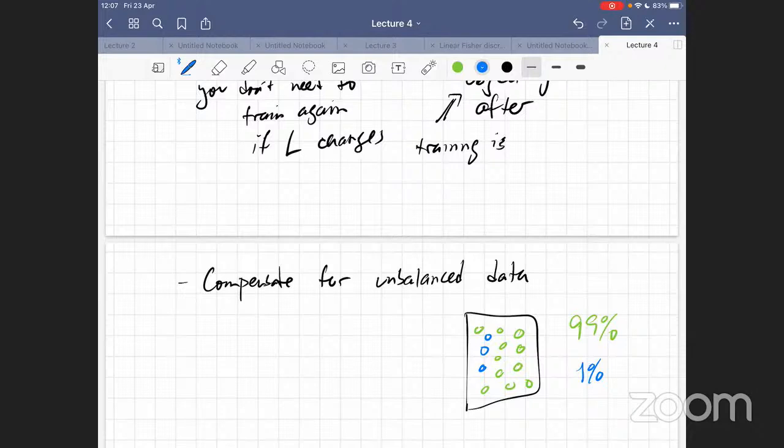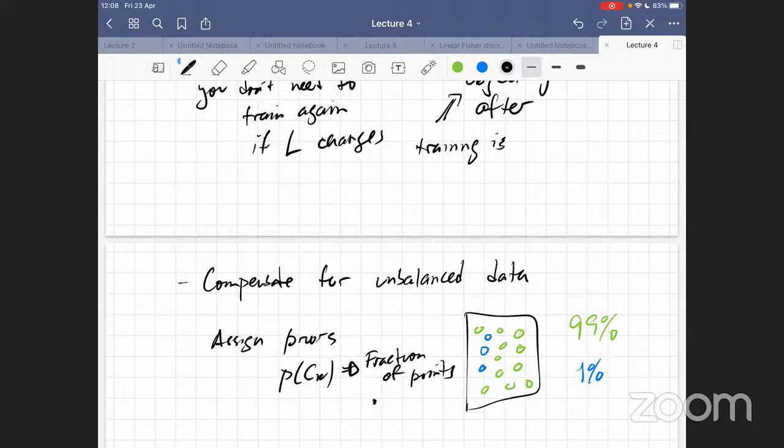So how do you deal with unbalanced data like this? It is convenient to deal with that in a probabilistic approach. Imagine that you assign a prior to each class given by the fraction of points of each class.